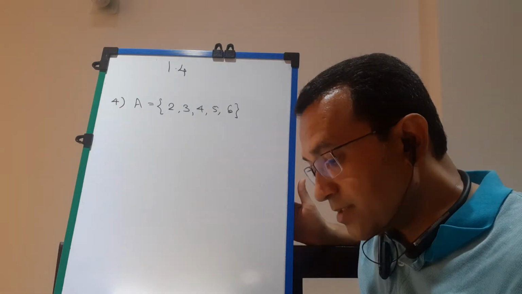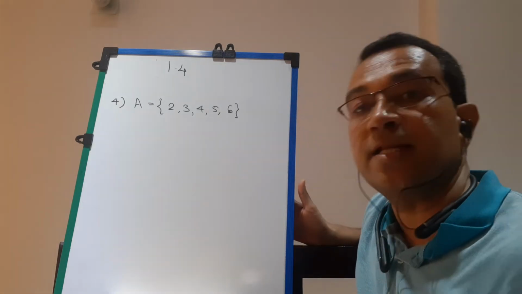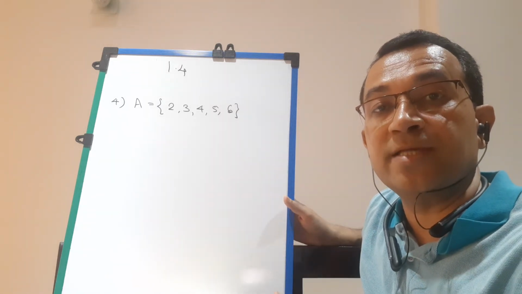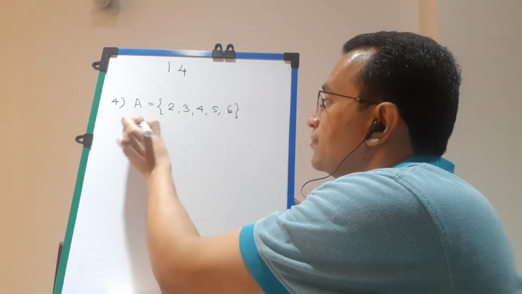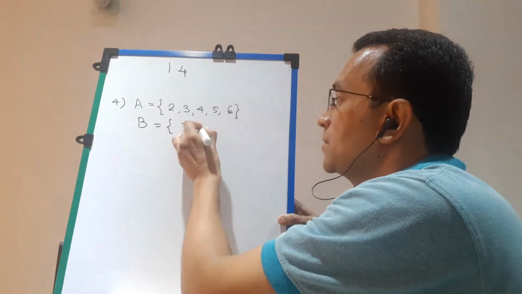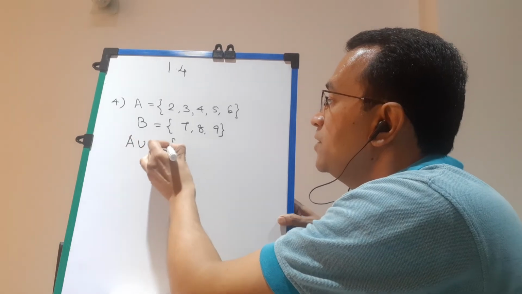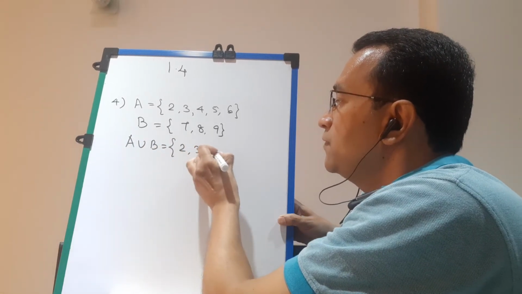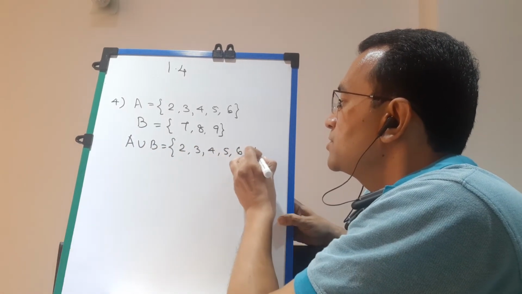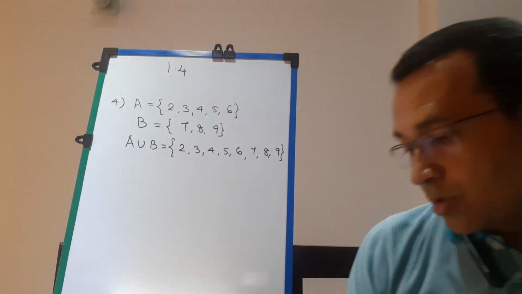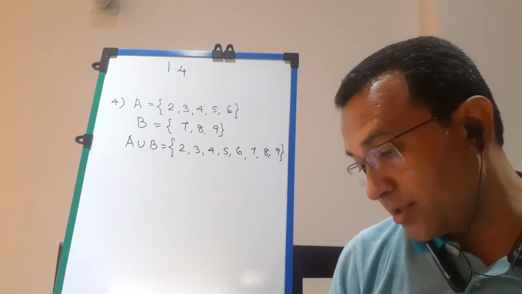And B is equal to x such that x is a natural number and 6 less than x less than 10. Natural numbers between 6 and 10 will be 7, 8, 9. So A union B will be the set of elements 2, 3, 4, 5, 6, 7, 8 and 9, because none of the elements are common.